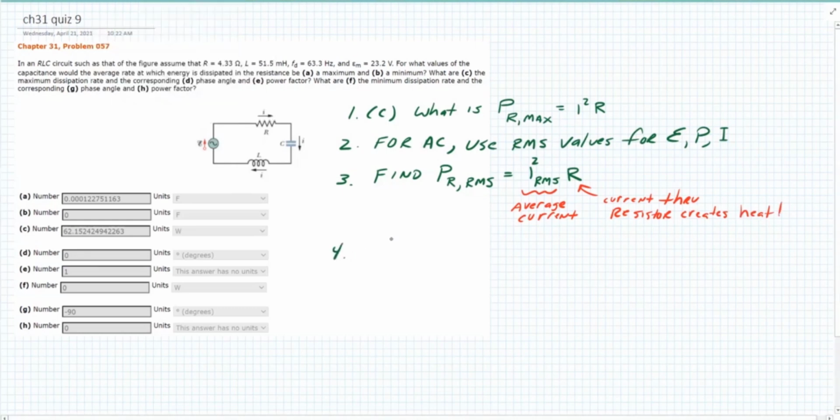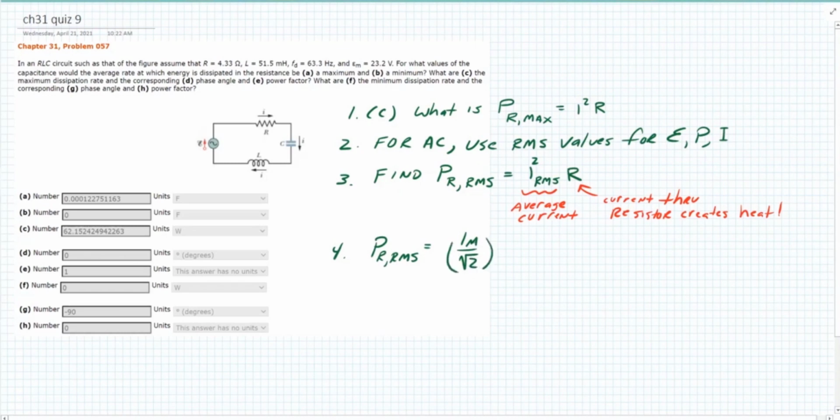All right. Well, here's I RMS. So the power dissipated through that resistor, and we have to talk about RMS now, is I RMS, which is going to be I max over square root of 2.